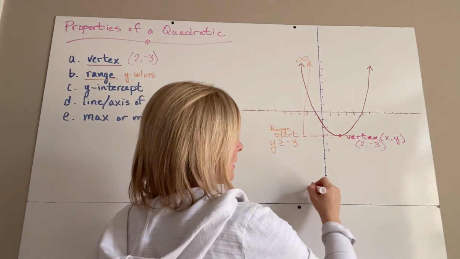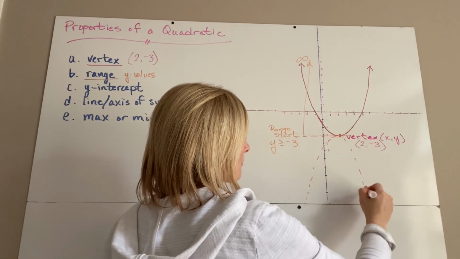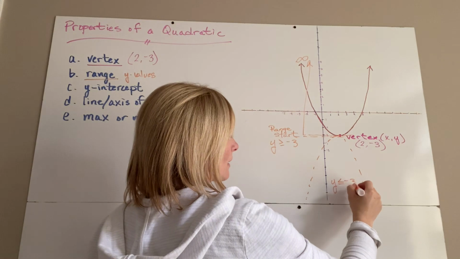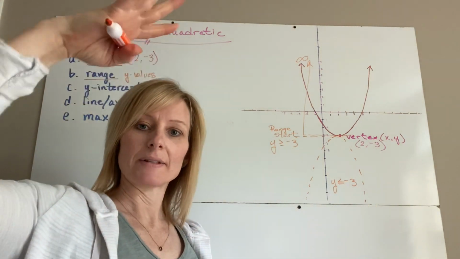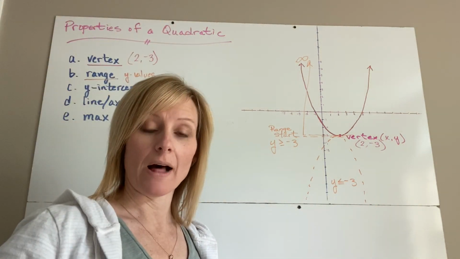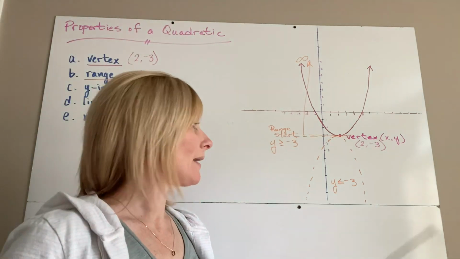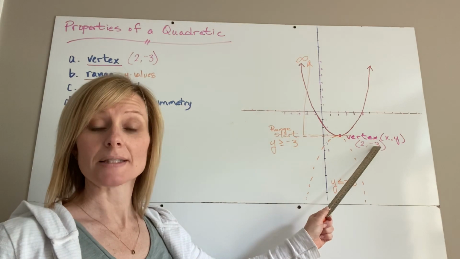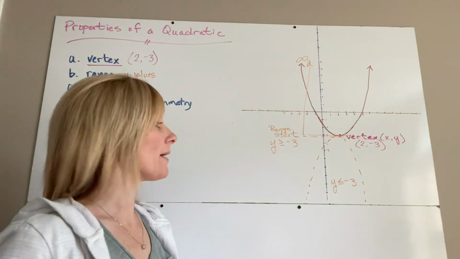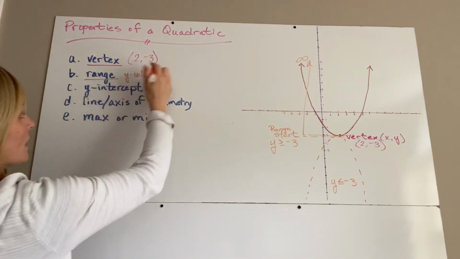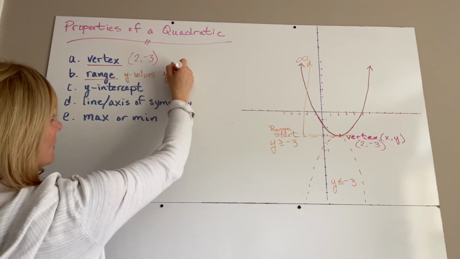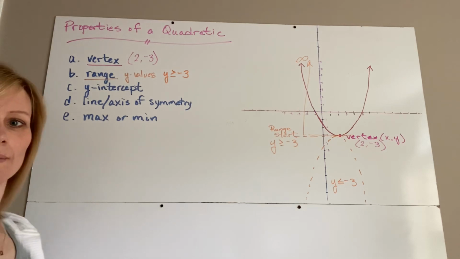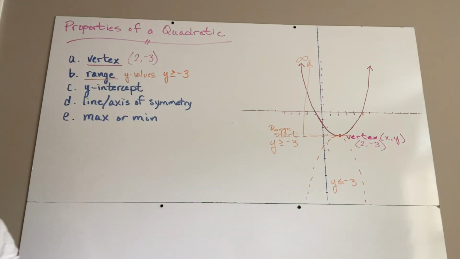If it were a negative parabola, this would be y is less than or equal to -3, because it's everything below that certain value. Notice the range ties into the vertex. It's the y value of the vertex. So here for the range, we're going to put y is greater than or equal to -3.